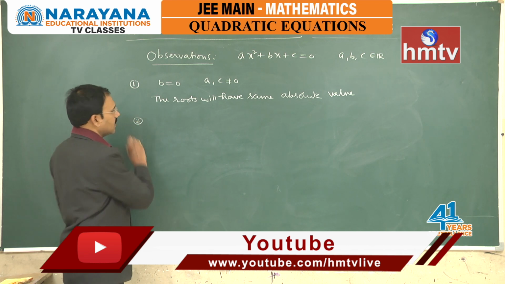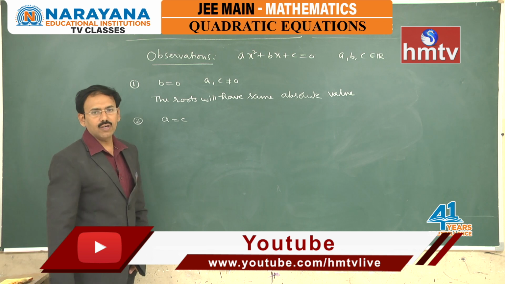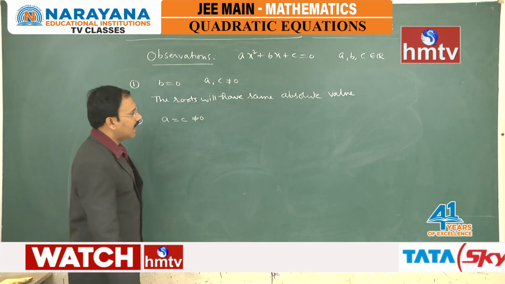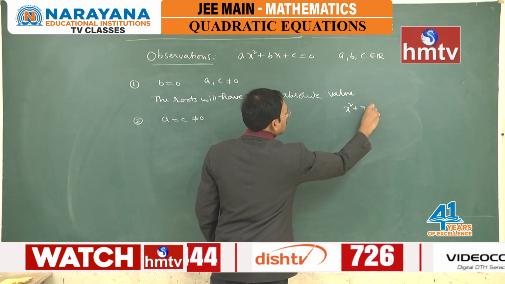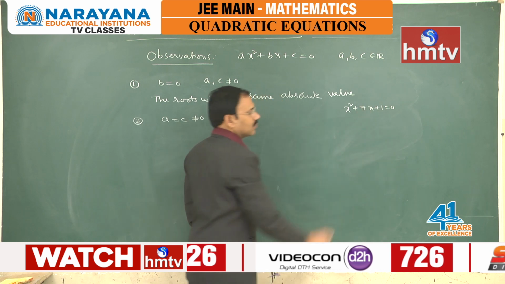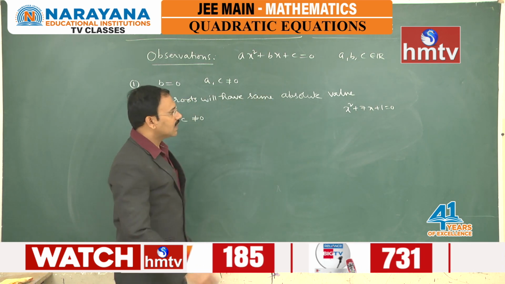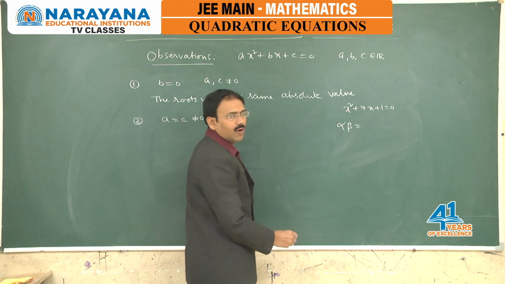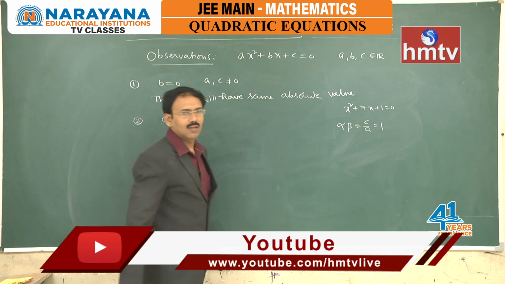Then the second case: suppose for a quadratic equation a is equal to c, which is not equal to 0, like x square plus 7x plus 1 equal to 0. The x square coefficient is 1 as well as the constant is 1. In this case, we observe that the product of the roots, alpha beta, which is c by a, is 1.